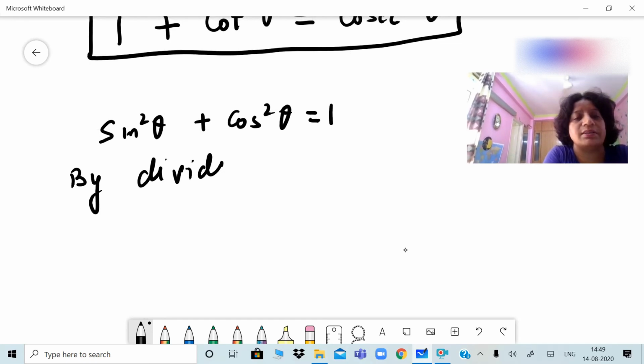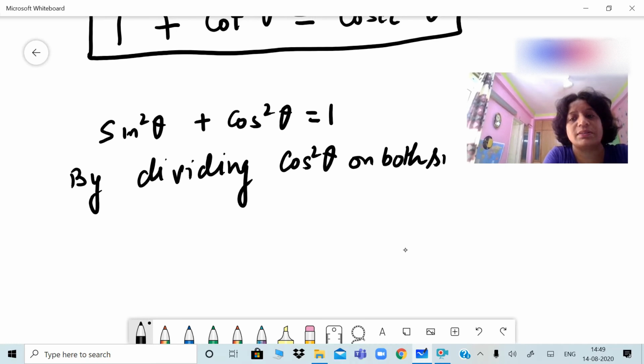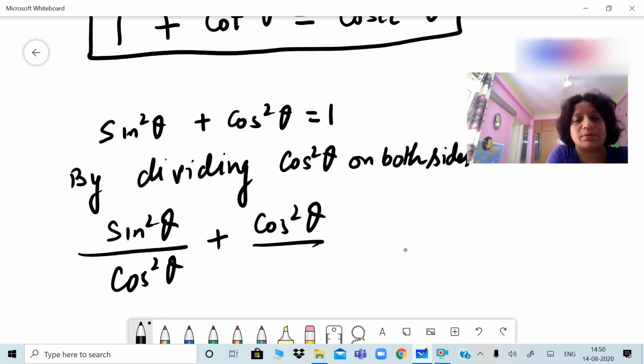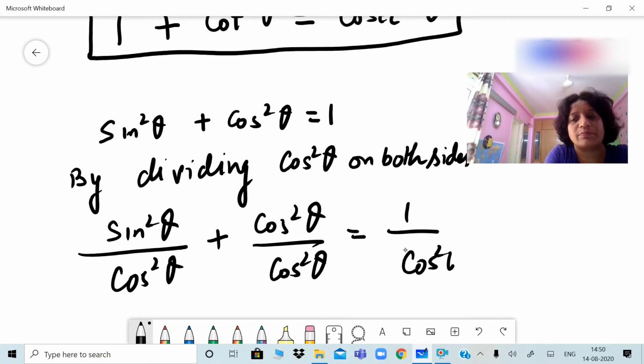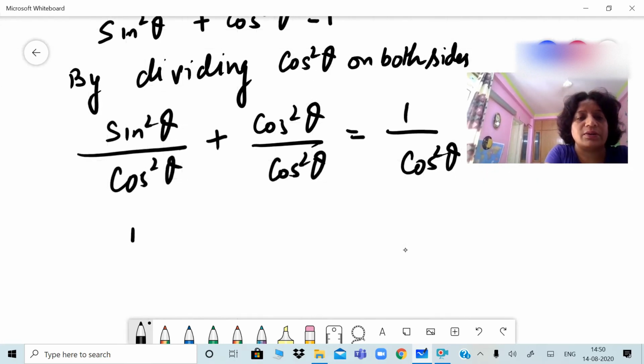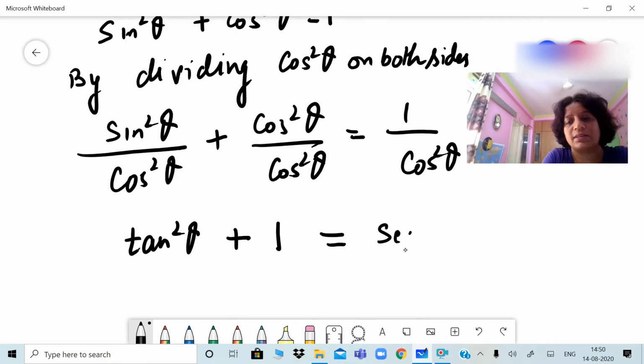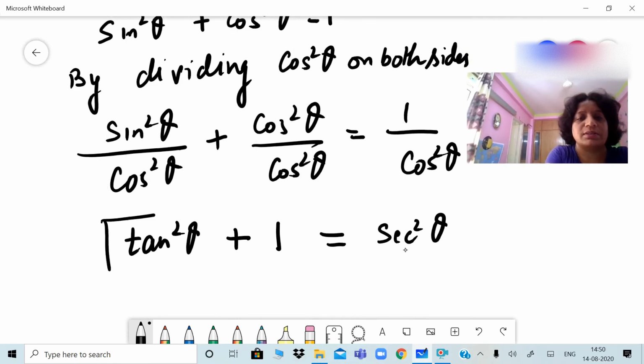Sine square theta upon cos square theta, plus cos square theta upon cos square theta, is equal to 1 upon cos square theta. Sine upon cos is tan, so tan square theta. Cos upon cos is 1, and 1 upon cos is secant, so that gives secant square theta.